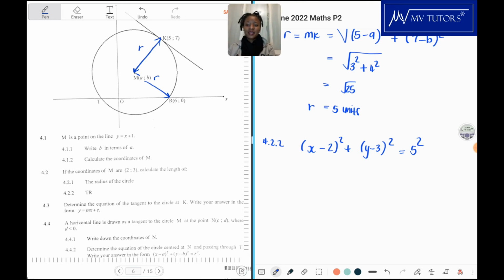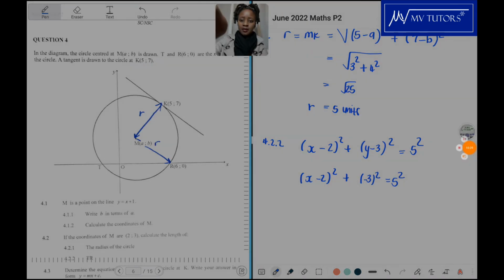If I were to get the x-intercept, I make y 0. So x minus 2 squared, and then I have 0 there, minus 3, so I have minus 3 squared, and that is equal to 5 squared.